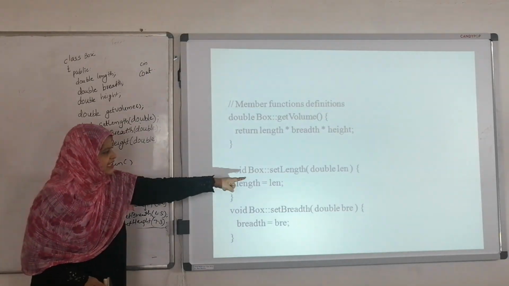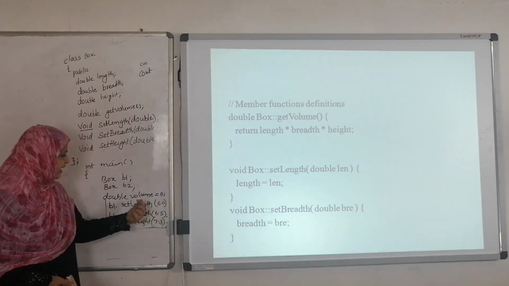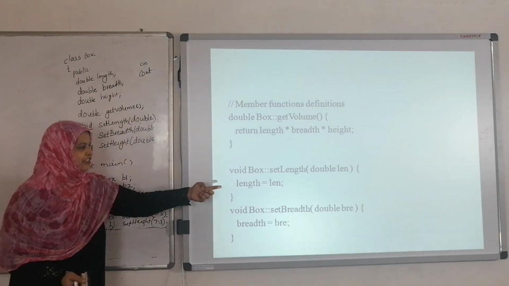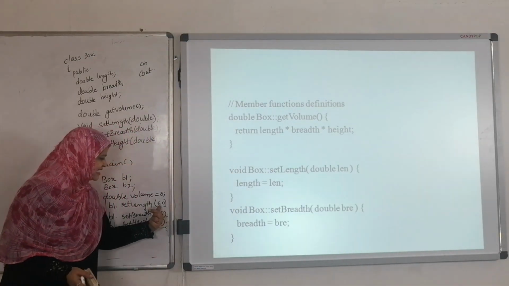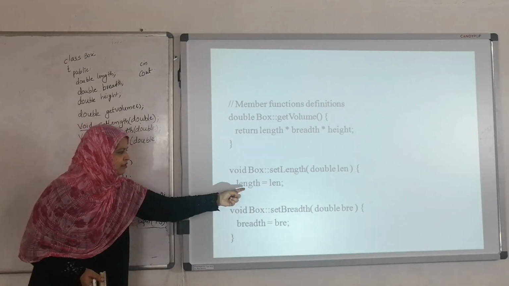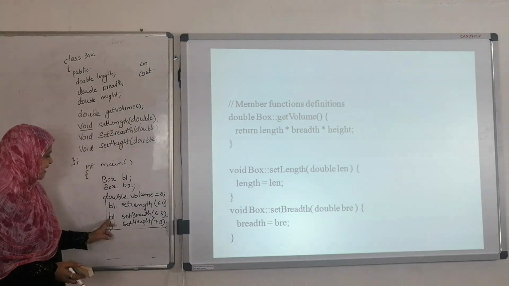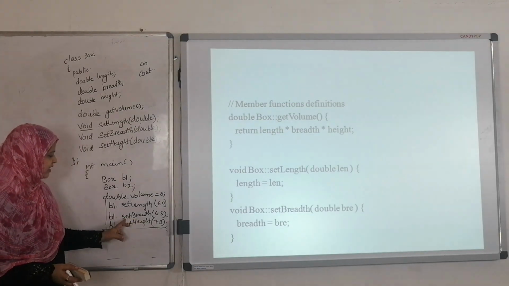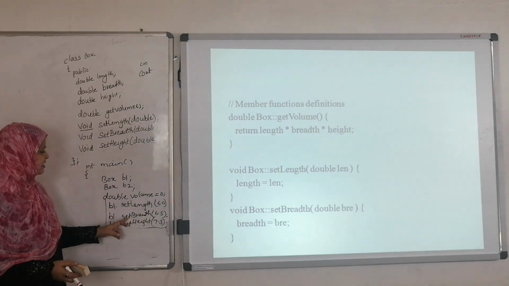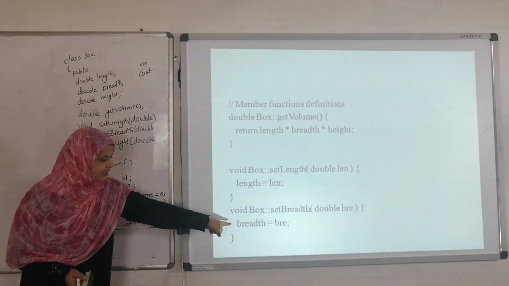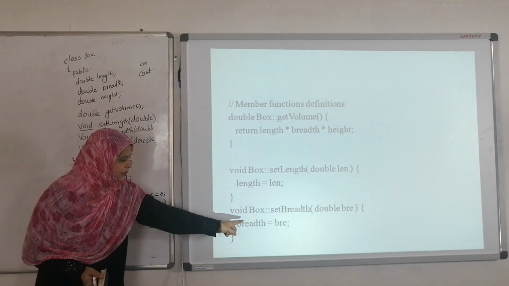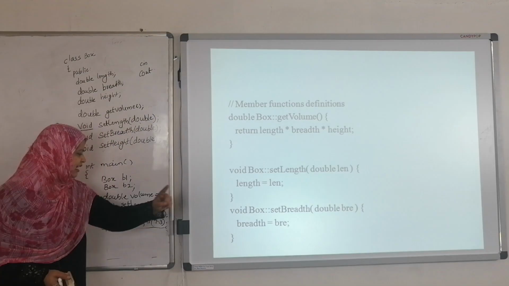See here, set length double len: what value are we passing here? 6. So length equals 6. Now B1 dot set breadth: whenever we call this function, control is directly transferred here. Then here is double BRE.